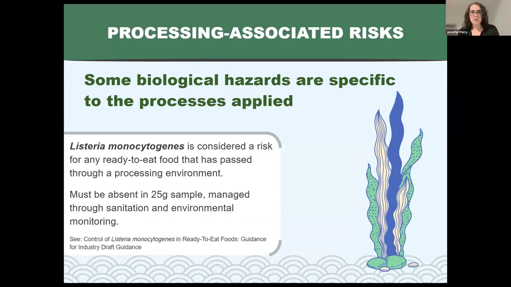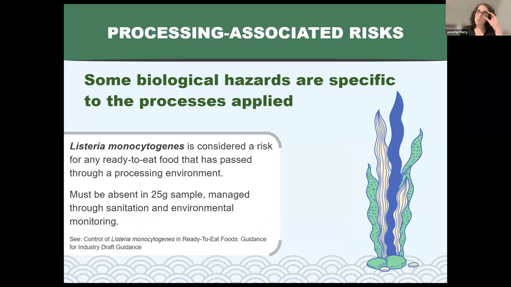Next slide. The other really good example of a processing associated hazard is Listeria monocytogenes. And this is an organism that gets a lot of attention in food safety because it causes a very severe illness. The hospitalization rate for people who contract listeriosis from food is upward of 90%.